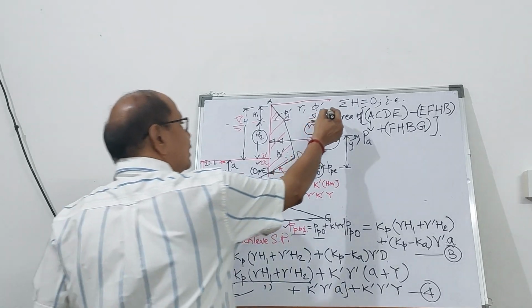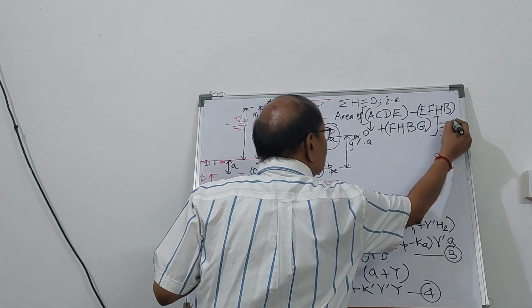So the area of this, that is sigma H equal to 0, is equal to 0.